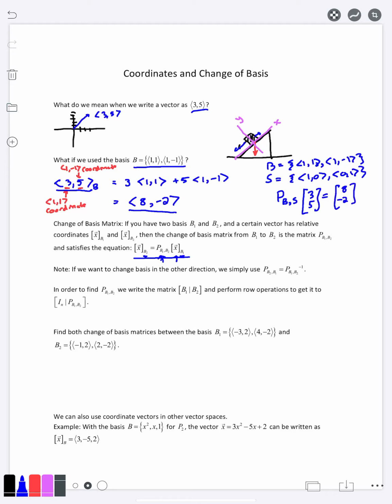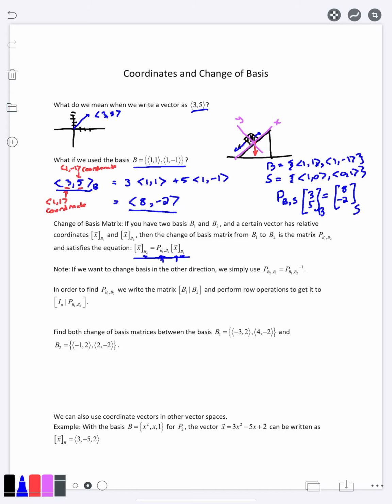And the reason is that I took a vector that started in basis B, and I got the answer in basis S, and I'm claiming there's a way to do this for any input vector. You find one matrix P, and that's going to keep working.